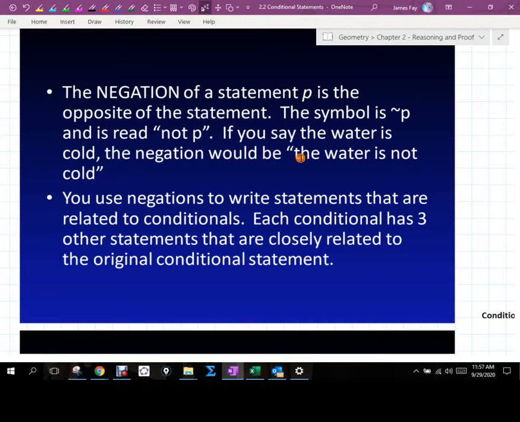Now, when we negate things, it does not allow you to really make pinpoint accuracy in regards to making a conclusion about something. For instance, let's say Mr. Fay is not an A student. Do you automatically know what kind of student I am then?